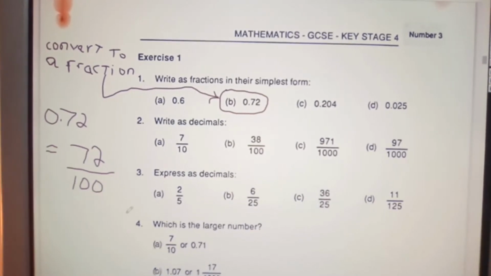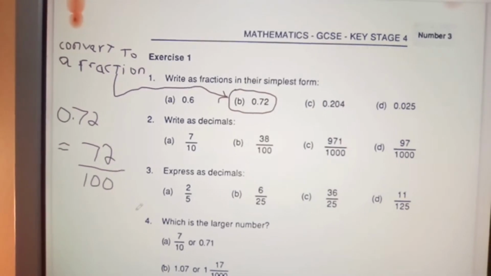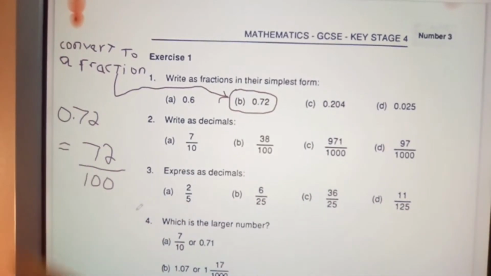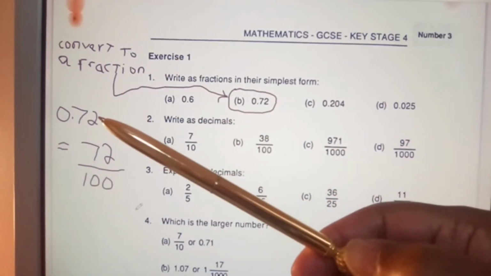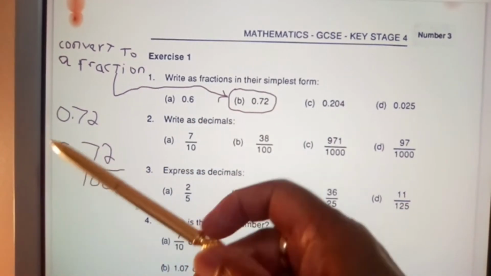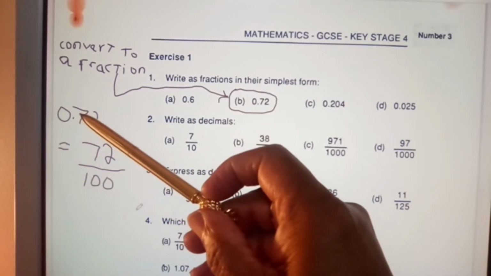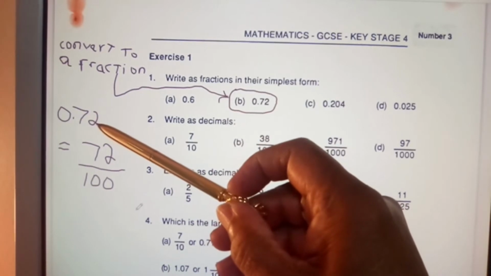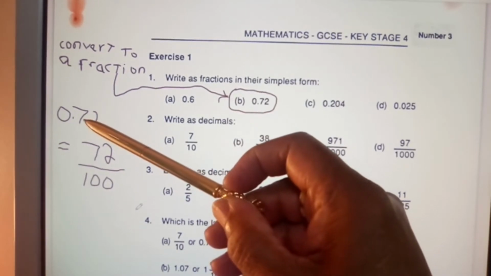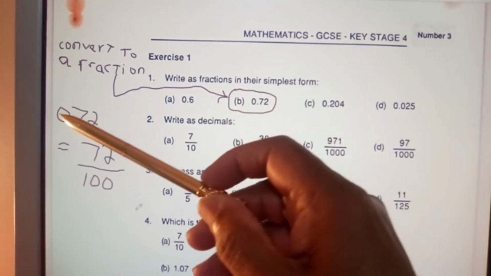Now, how did I get 72 over 100? Again, you must remember what I've said before. Look back at sessions 1, 2, and 3, and you'll remember that this number 7 here is a 10, and this would be in hundreds. So it becomes 72 over 100.